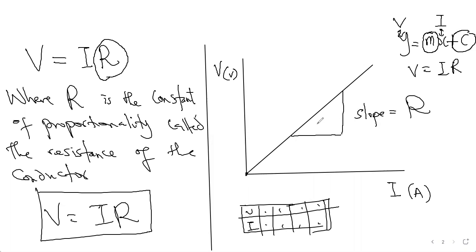Now, if you invert one of these variables, let's say you plot V against 1 over I, what do you think will happen?